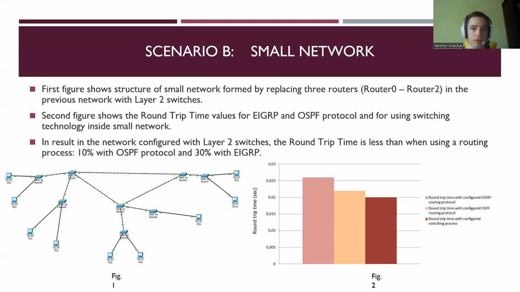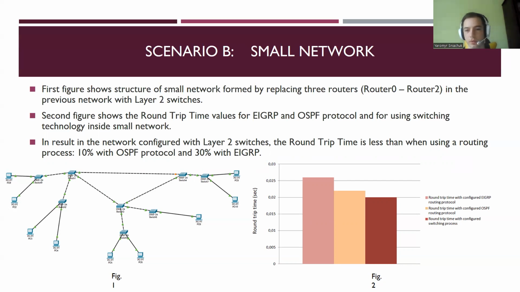Let's consider scenario B with the small network. The first figure shows the structure of the small network formed by replacing 3 routers in the previous network with layer 2 switches. The second figure shows the round-trip time values for EIGRP and OSPF protocol and for using switching technology inside the small network.